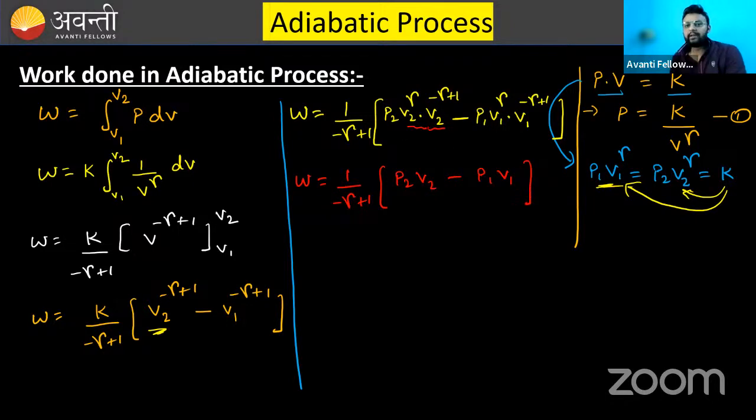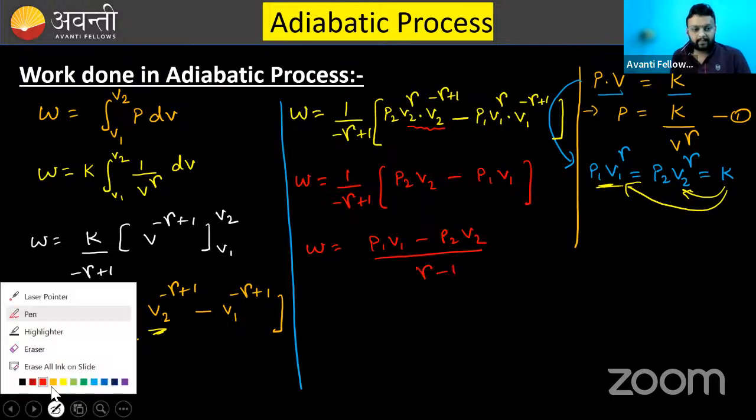In multiplication, powers add up, so the gamma and minus gamma will cancel out. So the complete work done will be, transferring this negative to the inside by taking common, P1 V1 minus P2 V2 divided by gamma minus 1.